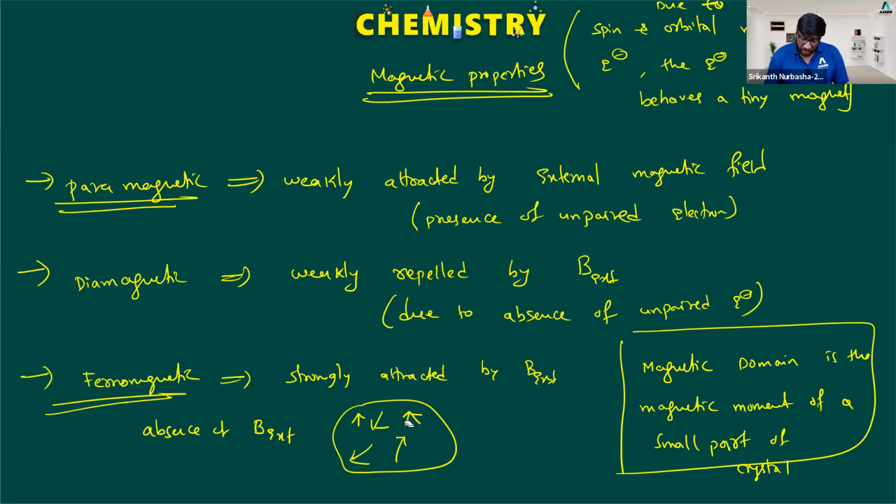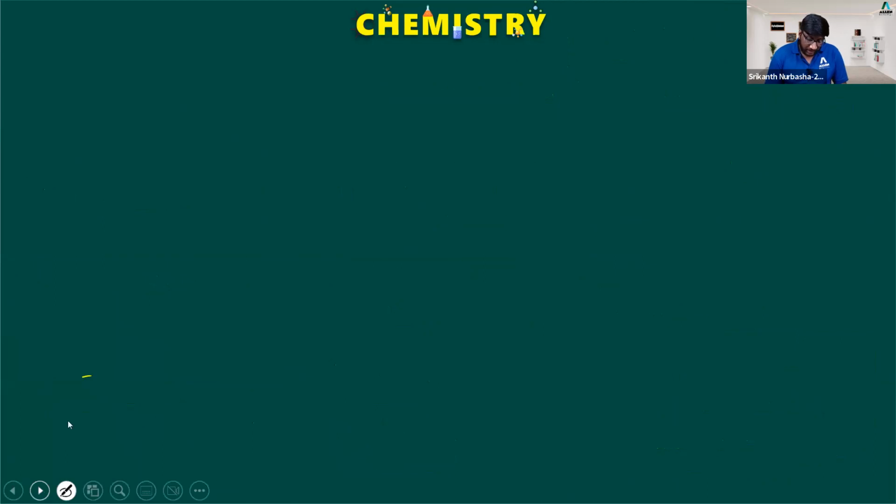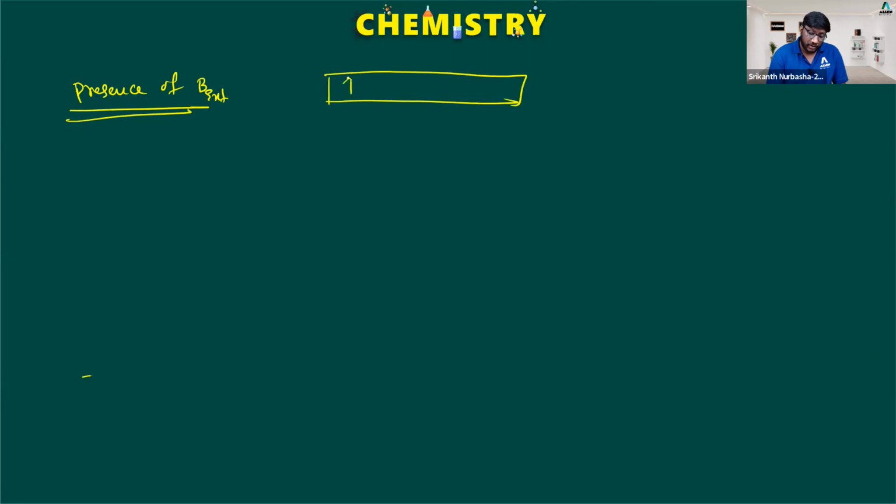In the absence of an external magnetic field, the magnetic domains arrange in different directions. But in the presence of an external magnetic field, all the magnetic domains will arrange in the same direction. In that case, we can say it is a ferromagnetic substance. A ferromagnetic substance is one where all the magnetic domains arrange in the same direction in the presence of an external magnetic field.